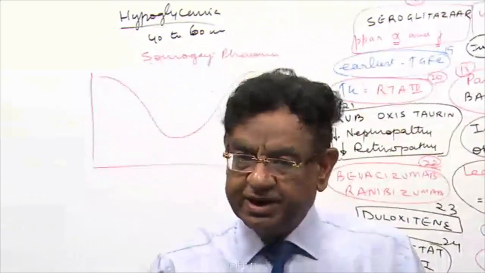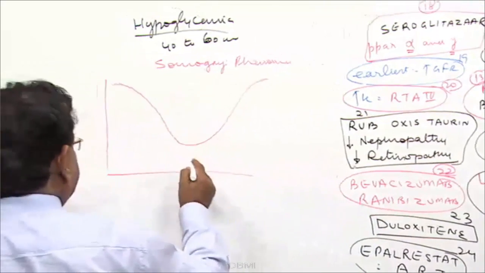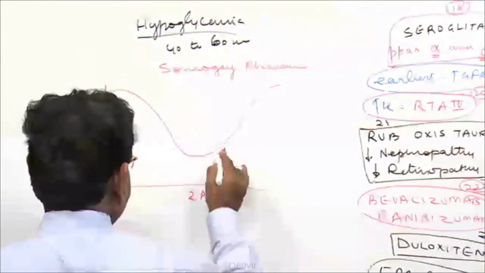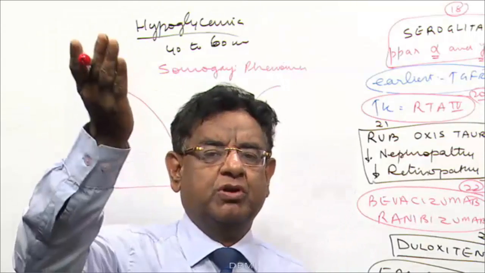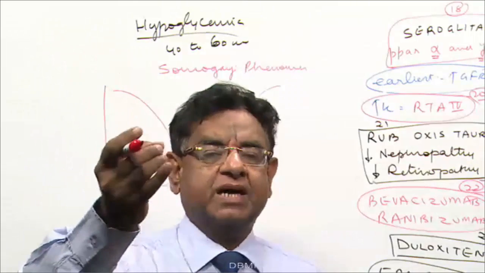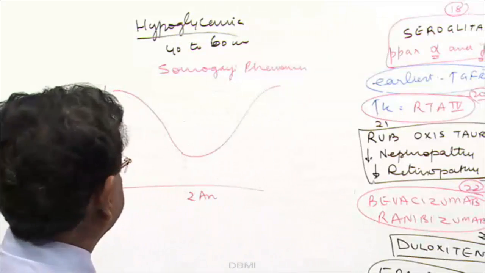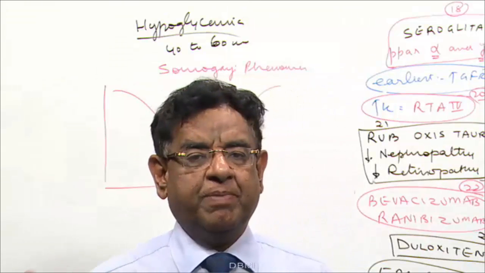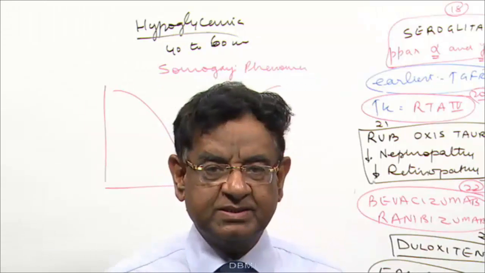God is the greatest engineer. Now, at 2 a.m. or 3 a.m., sugar goes down, and the body secretes certain counter-regulatory hormones which bring the sugar to normal. Now, what are the counter-regulatory hormones? Remember, when the sugar goes down, the patient typically complains of palpitation, sweating, restlessness, hunger, uneasiness.